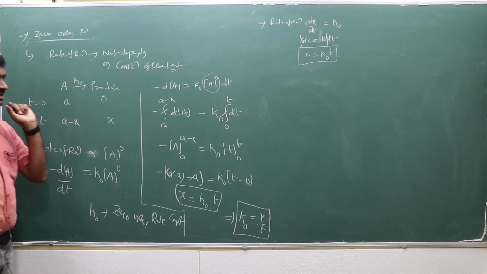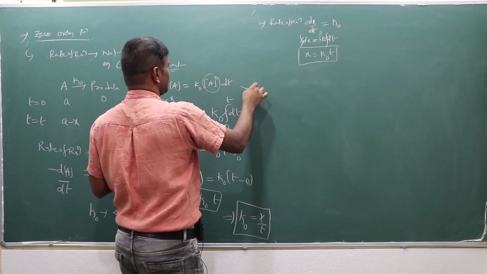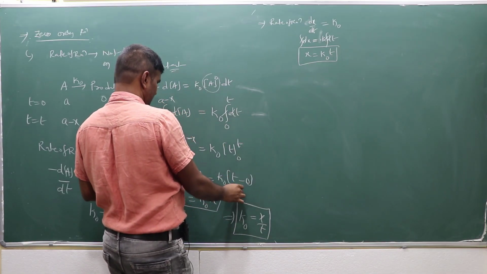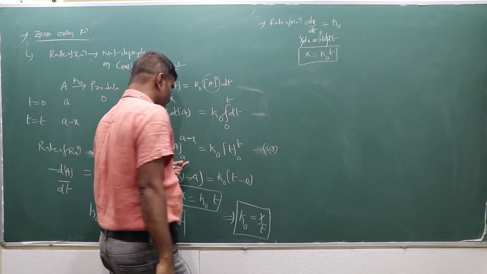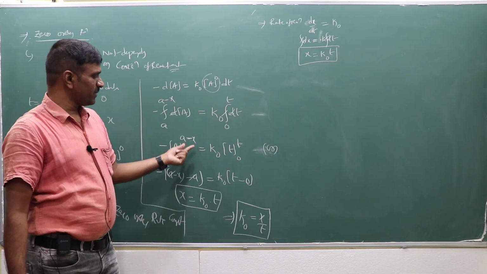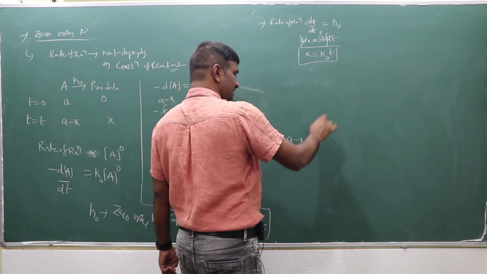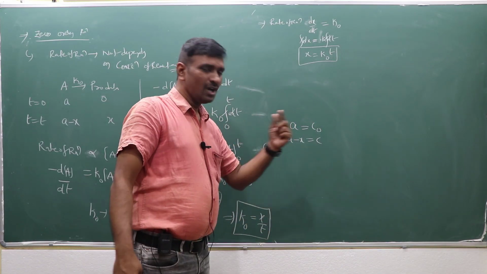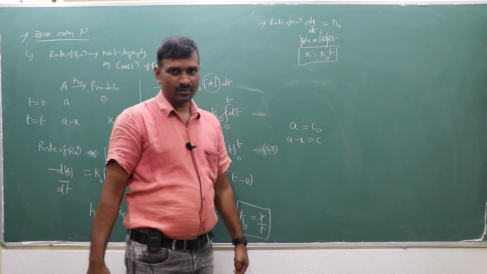Sometimes in these equations, in the place of a minus x and a, this concentration is C, and the initial concentration is C naught. After some time, how much of the reactant molecule is left, that is C, is sometimes mentioned.